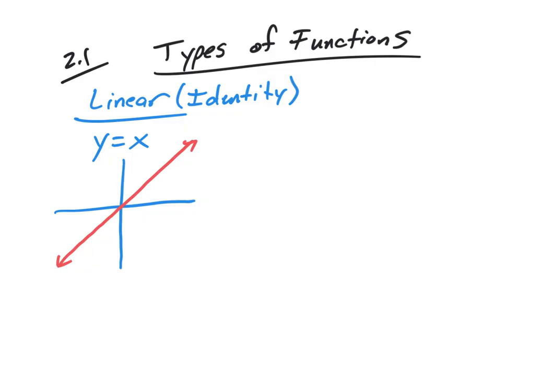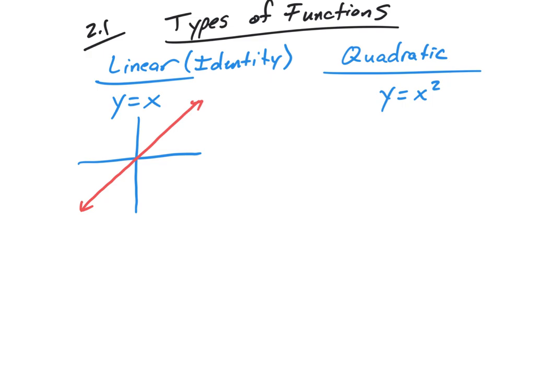Okay, so a function that we saw in chapter 1. The second one is also a function that we saw in chapter 1. A quadratic function is any function that has an exponent of 2 as its highest exponent. So this one's x squared. Basic shape makes what?